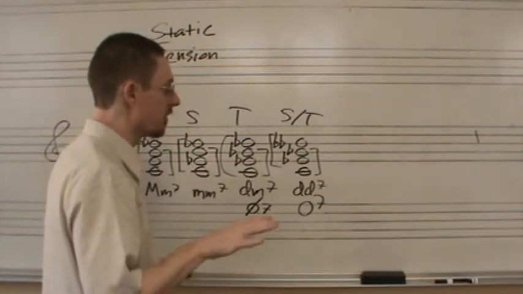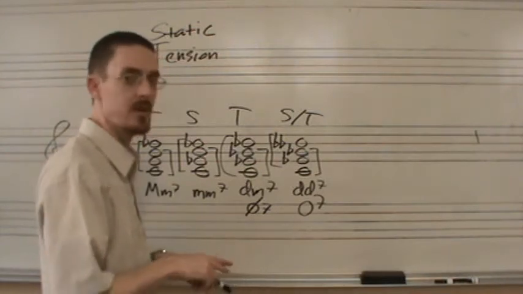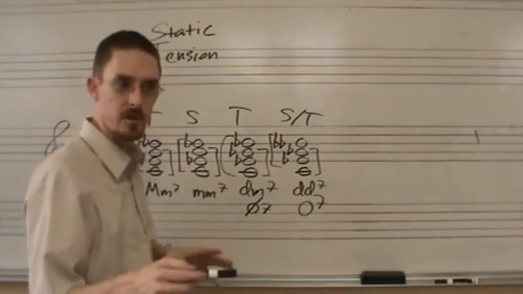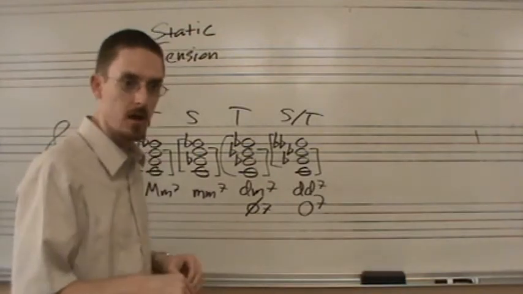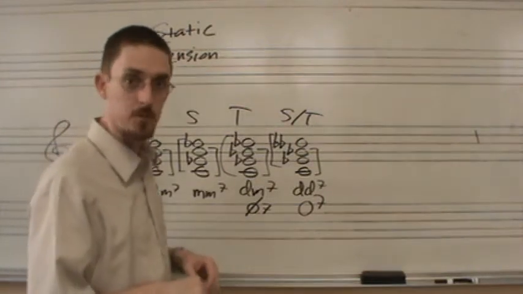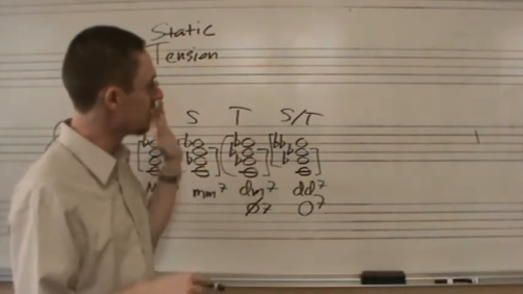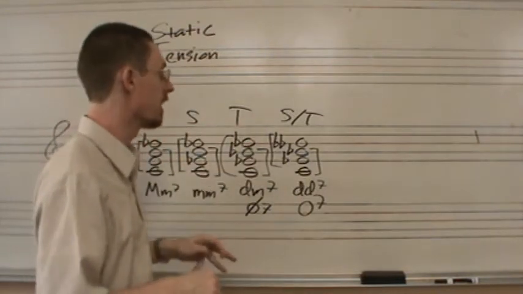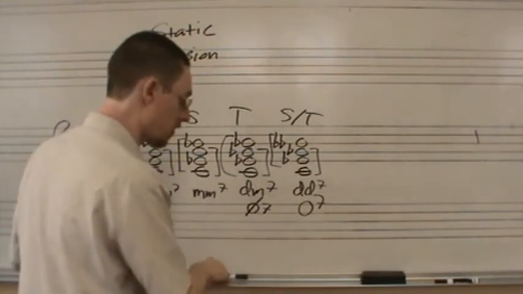So it's stable in the sense that the chord is equidistant, so there aren't any particular tendency tones, but it's certainly not a stable sounding chord. You would not end a piece of music, at least not a happy piece of music, on a chord like this. So it is static in the sense that it doesn't have any tendency tones to move anywhere, but it's tense in the sense that it is not a stable chord.